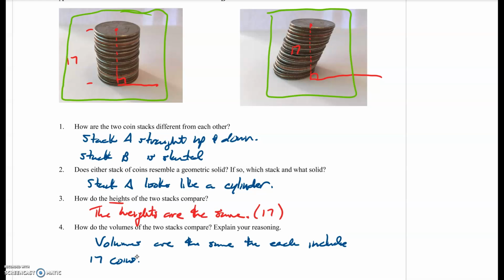If the stack is tilted, it doesn't really change the fact, as long as we have the same number of cross sections and the cross-sectional area is the same. Notice the area of the quarter in figure A is going to be the same as the area of the quarters in figure B. As long as those cross-sectional areas are equal, then the volumes with the same height should be the same.